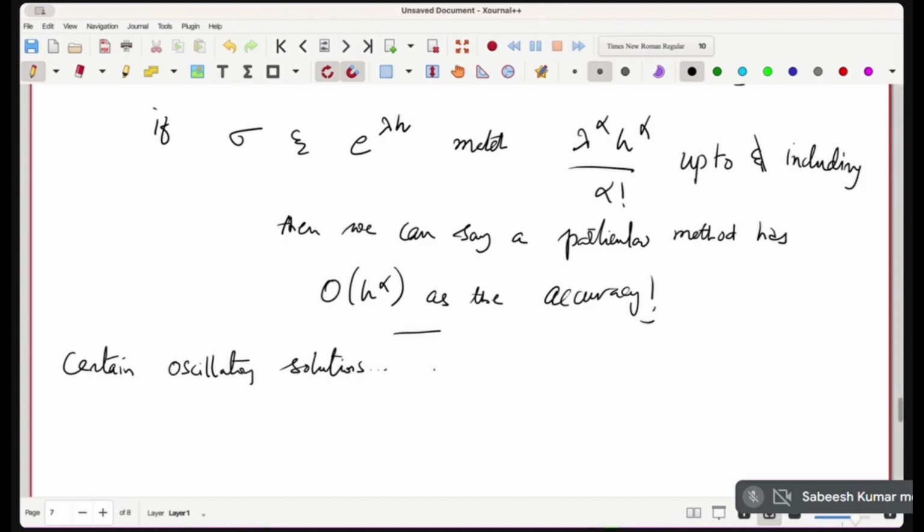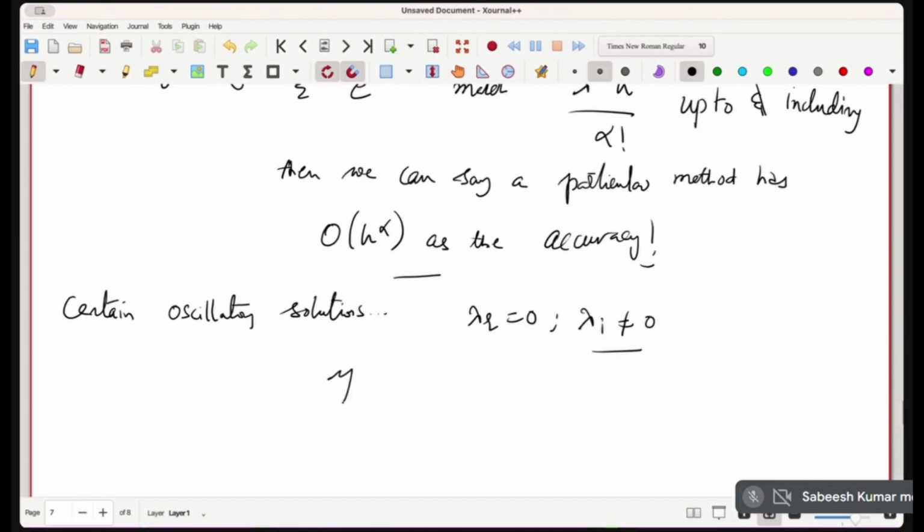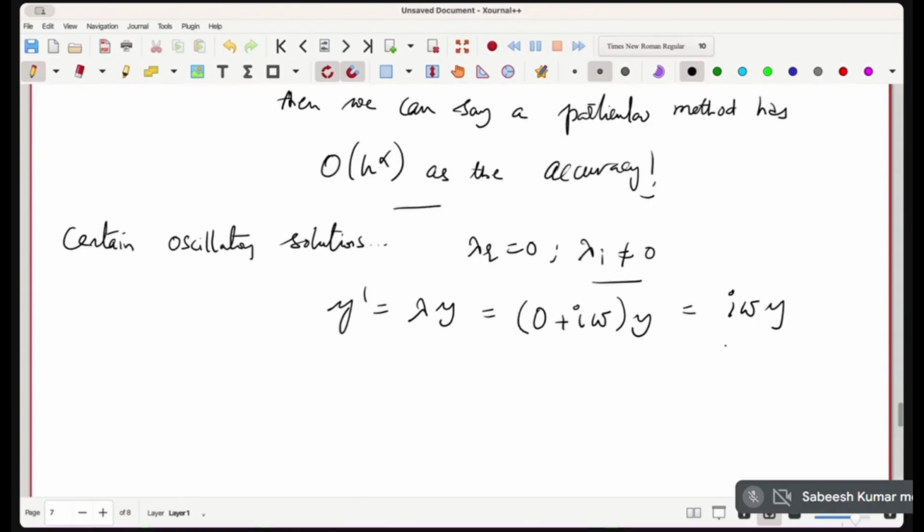So for all these oscillatory problems, let us consider that the real value of the lambda is 0, and then let us say there is only an imaginary value that is not equal to 0. That means we are looking at a problem which is y prime equals lambda y, in which case lambda R is 0 and lambda I is non-zero. Let us call this lambda I as some omega I. That means we have 0 plus I times omega times y, so I have I omega y as the right hand side.